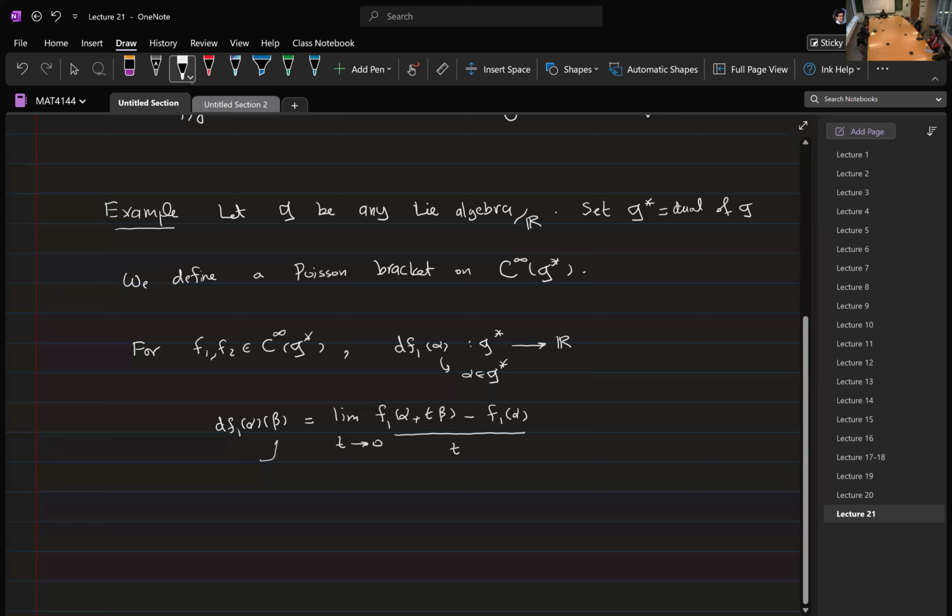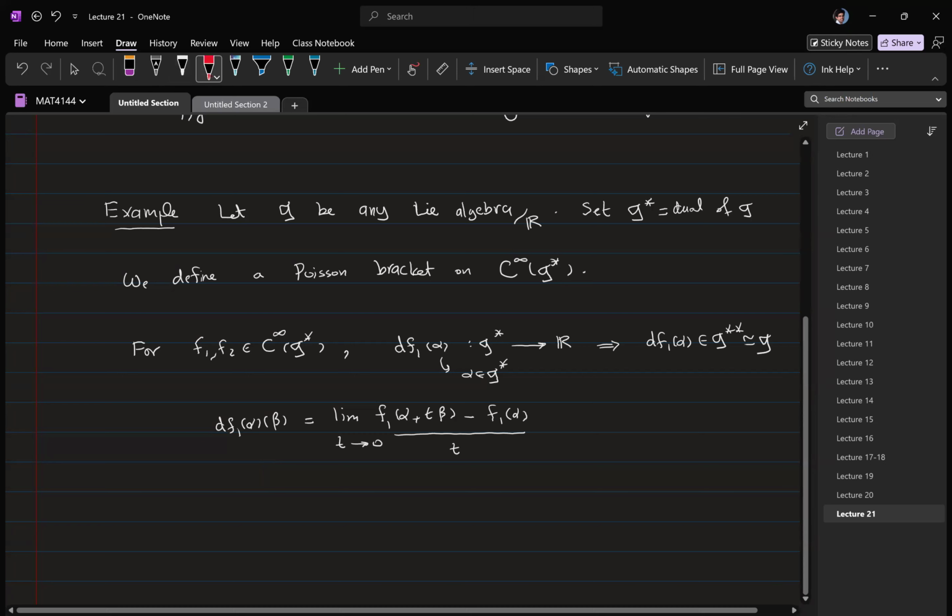But then it will be linear in beta. This is the directional derivative in the direction of beta, so it will be linear in the direction. All right? And so this means that we get this linear map, and therefore df1 alpha is something in G star star, which is canonically isomorphic to G. So this is canonical.